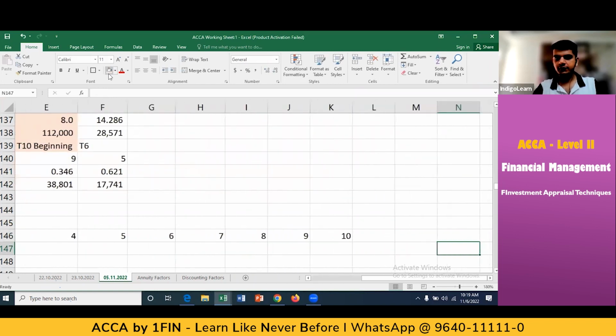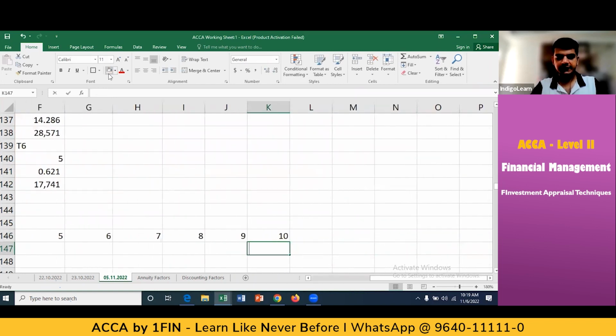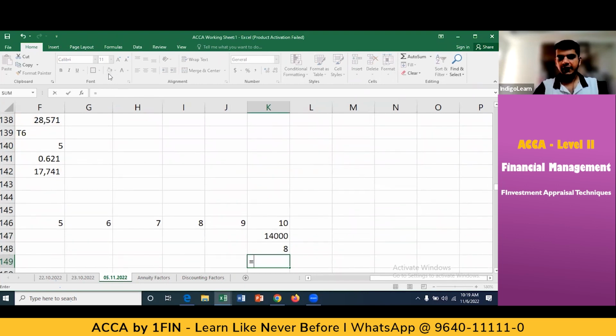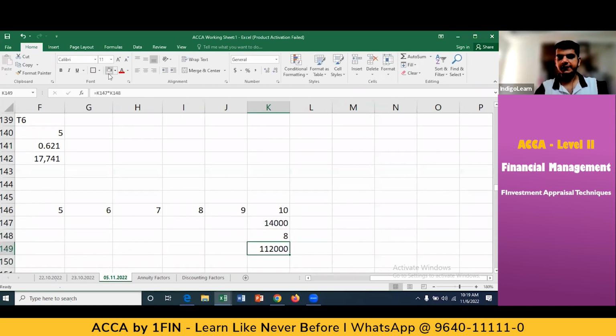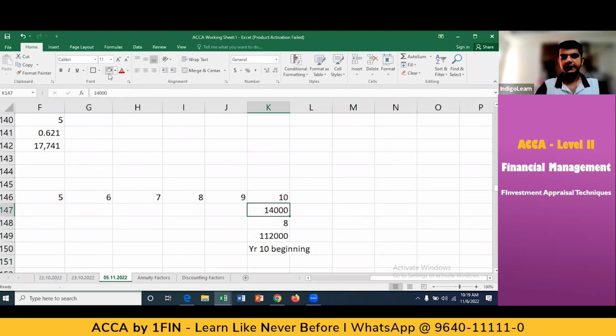Okay. So some cash flow is starting from here. When I have applied the discounting factor, that is 8, the cash flow that I have got is at year 10 beginning, or year 9 end.